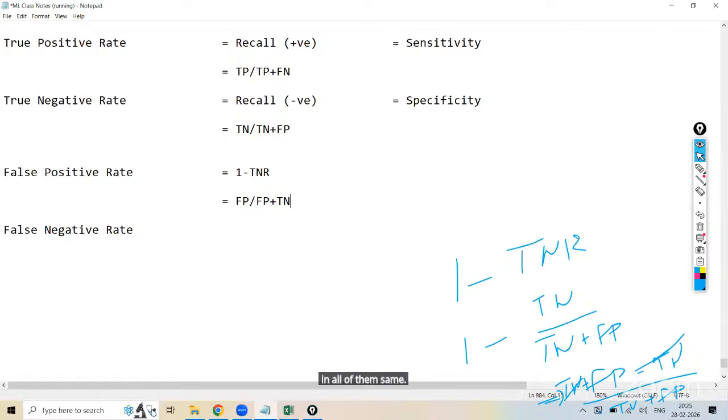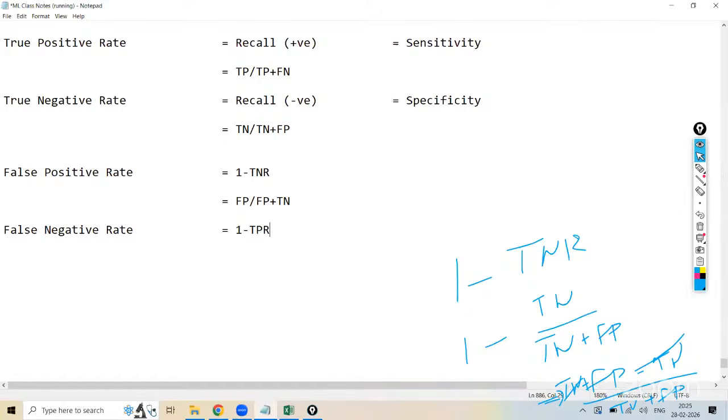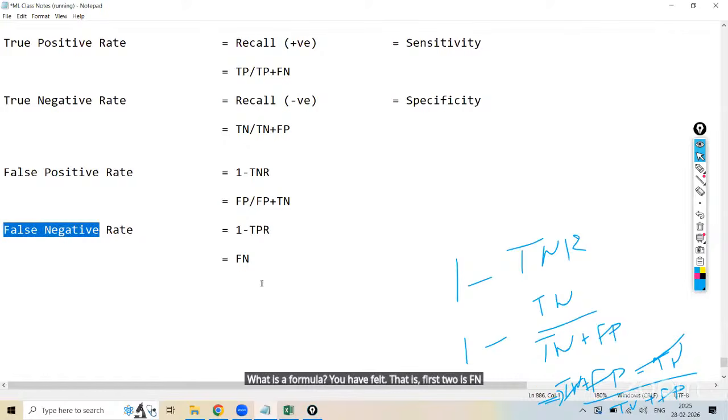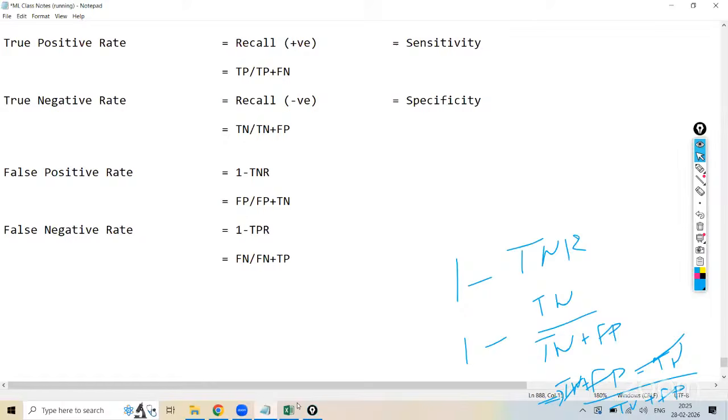In everything it is the same. Now tell me, what is the formula for FNR? FN means FN divided by the same FN plus TP. That's it. All the evaluation metrics are completed.